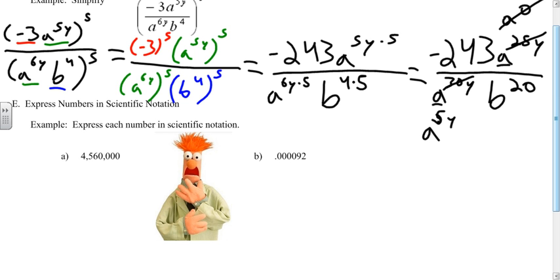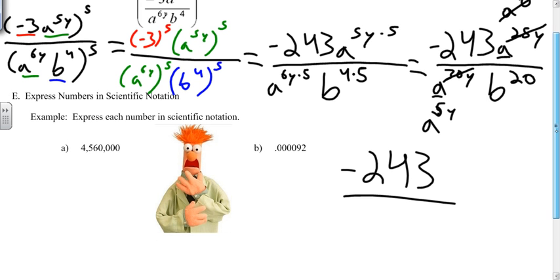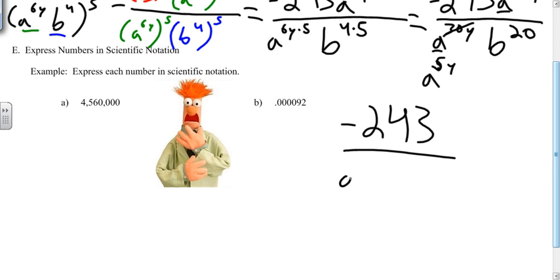So our simplified answer is going to be negative 243 alone for the numerator, and our denominator would be a to the 5y, b to the 20th. That would be one way to solve it.